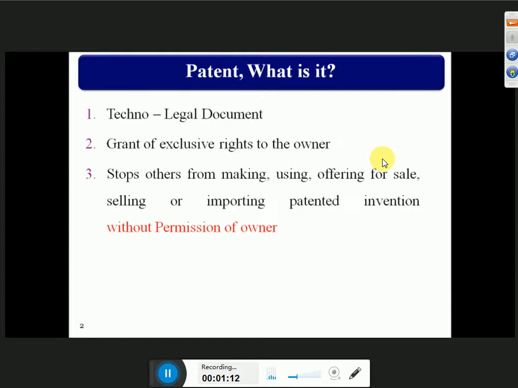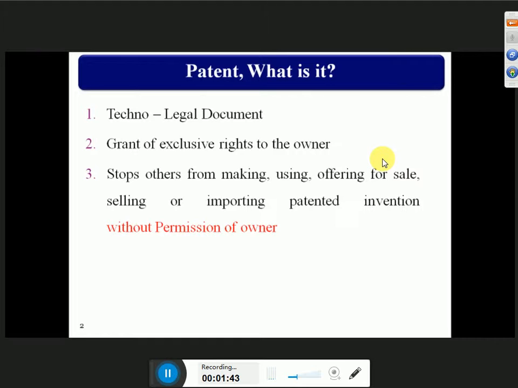So basically the first question that arises in mind is, what is a patent? It is a techno-legal document and it is a grant of exclusive rights to the owner of the patent. Means if you have an idea, as I have explained in my brief, if you have invented something, or even if you have some logic in your mind, you can go for filing the patent.